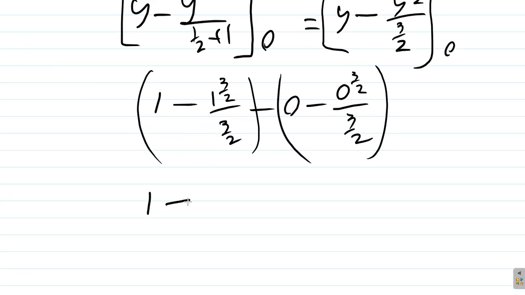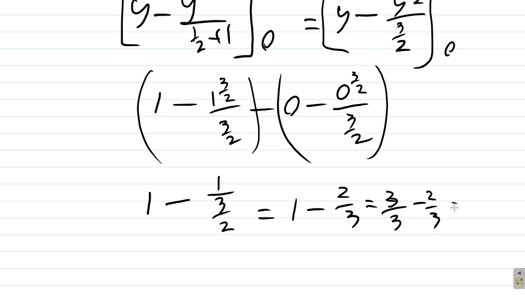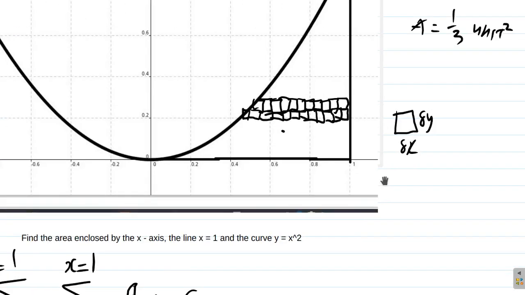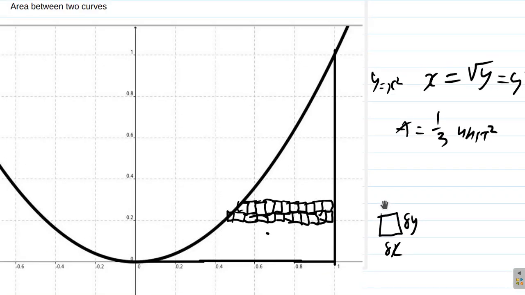So it's 1 minus 1 over 3 halves, which is the same as 1 minus 2 thirds. Now 1 minus 2 thirds is the same as 3 thirds minus 2 thirds, which gives us 1 third. Square units, right? So, same 1 third square units.